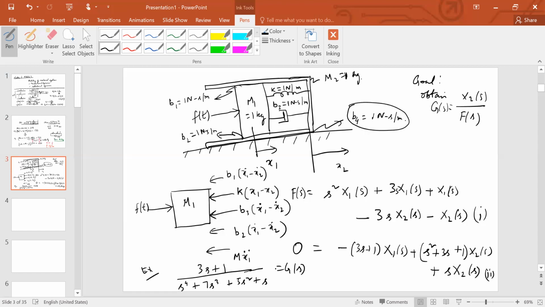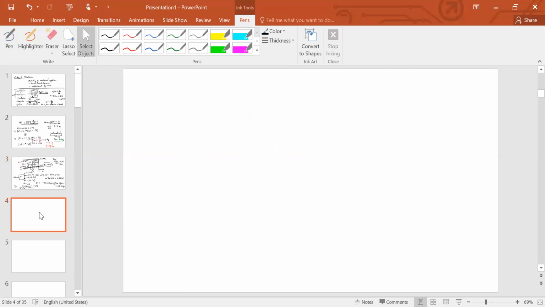So I hope that you see the analogy, the analogous way in which we can write out these equations. Once you have gained sufficient practice with this sort of problem, yeah, you can actually write this down very easily. But it is advisable to start off with drawing those free body diagrams for your convenience. All right. Now, I will talk about something interesting which is to draw the equivalent circuit for this mechanical system.